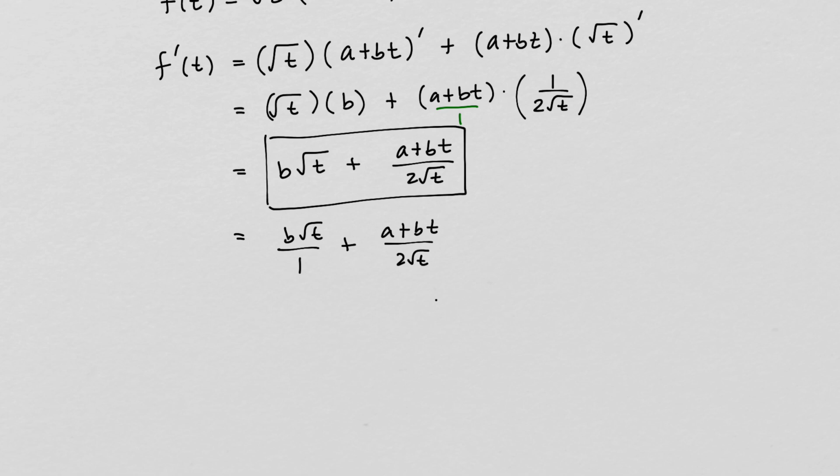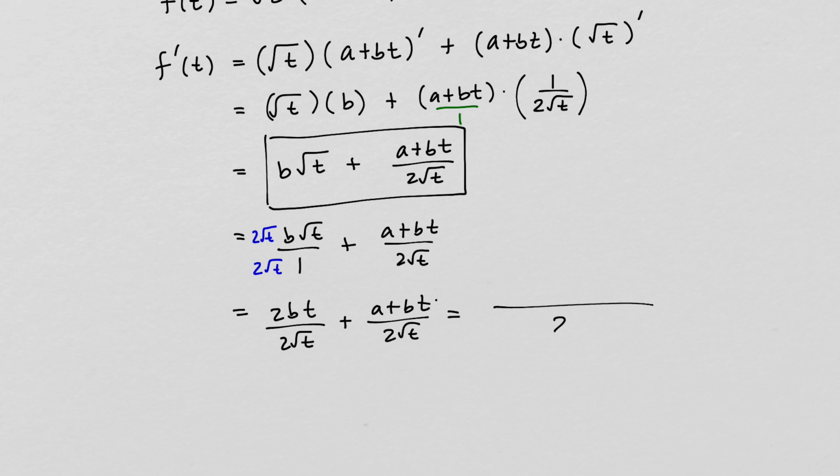So my common denominator here would be 2 radical t. So I would have to multiply the top and bottom by 2 radical t here. This would give us 2b, and then radical t times radical t is t, over 2 radical t plus a plus bt over 2 radical t.